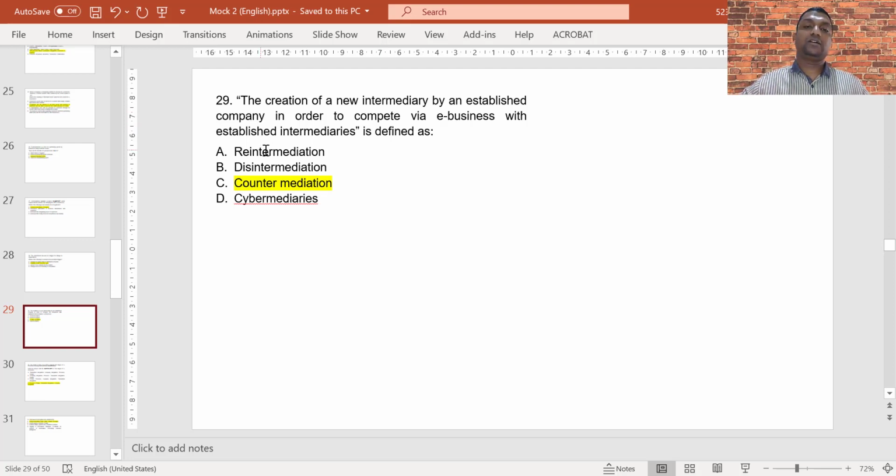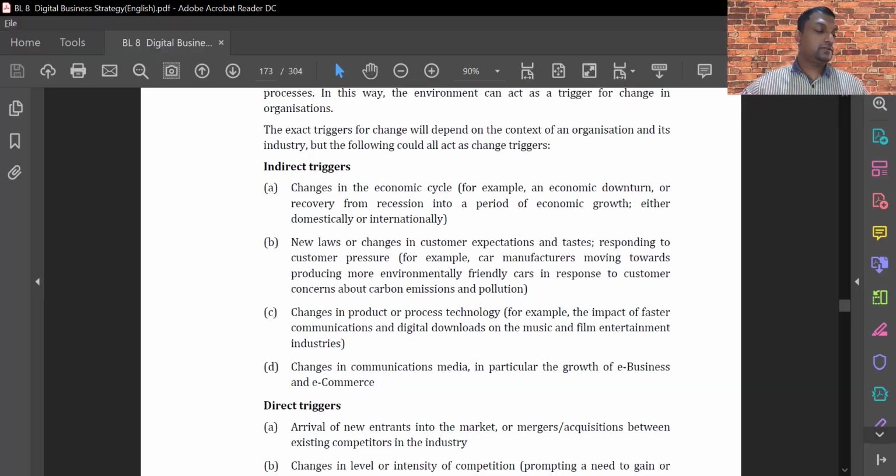So the question is asking what type of intermediation this is. If we again look at creating a new intermediary in order to compete via e-business with established intermediaries, there are traditional intermediaries already, but using e-business, the established company creates a new intermediary so that they can compete.